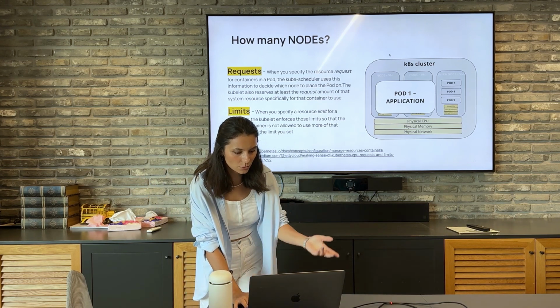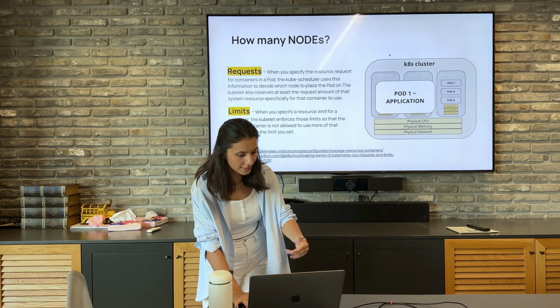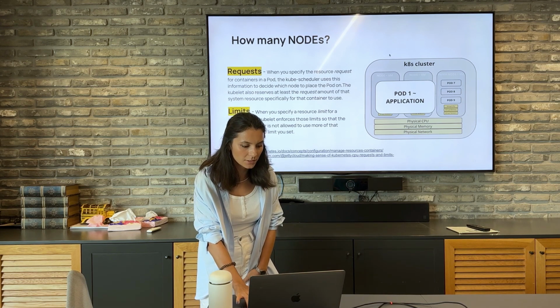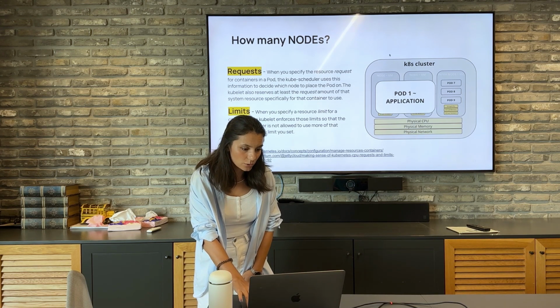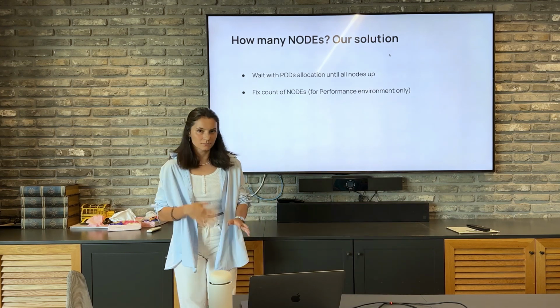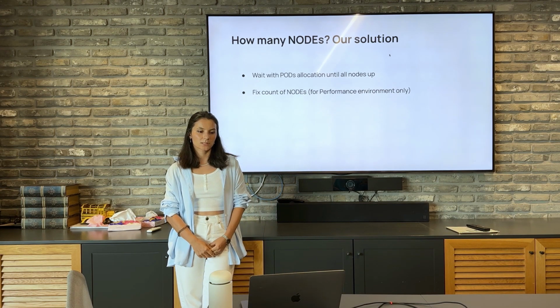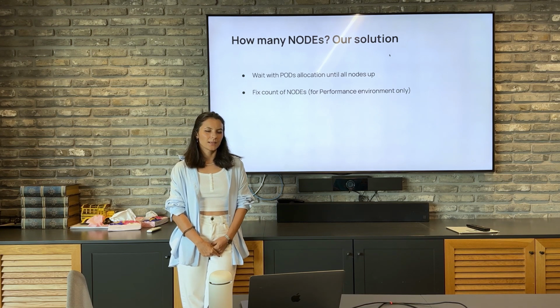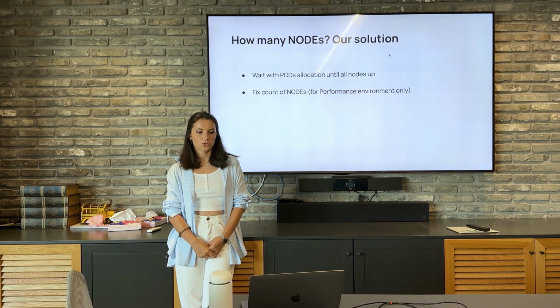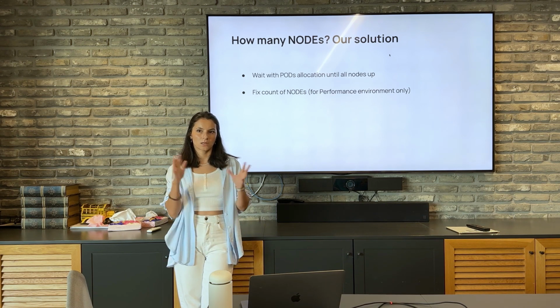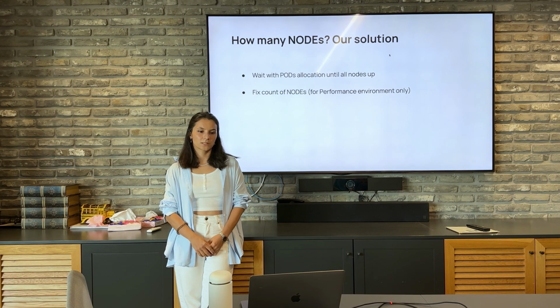I also linked the links here. You can check them later to expand your knowledge. So what was our solution? We wait until all nodes are up, and only after that we schedule pods on them.